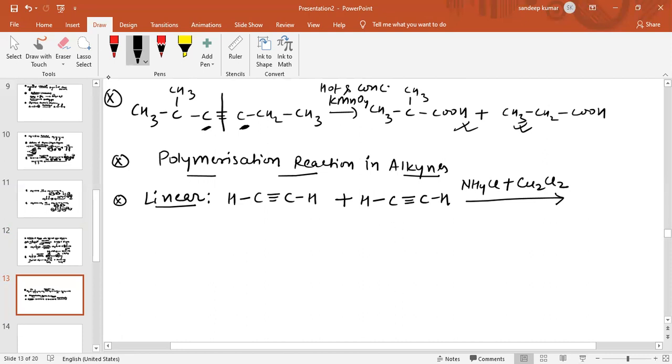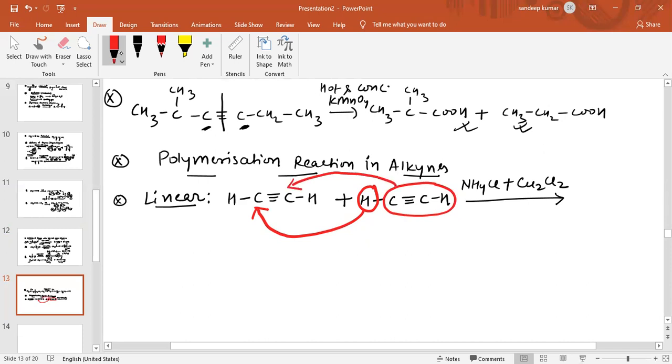See what happens. Basically, this hydrogen I am taking will be attached to this carbon atom, and this whole compound will attach to this carbon atom.